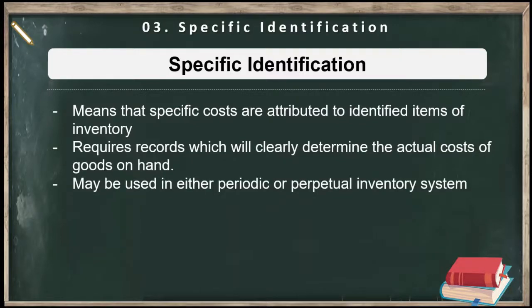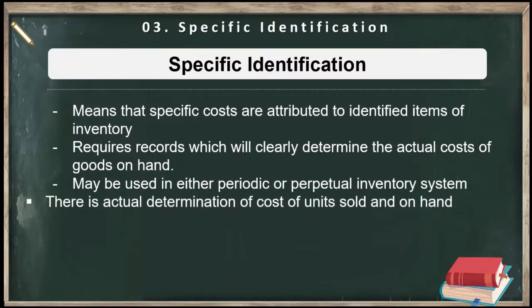This may be used whether you're using periodic or perpetual inventory system. In addition, PAS 2 paragraph 23 provides that this method is appropriate for inventories that are segregated for a specific project and inventories that are not ordinarily interchangeable.